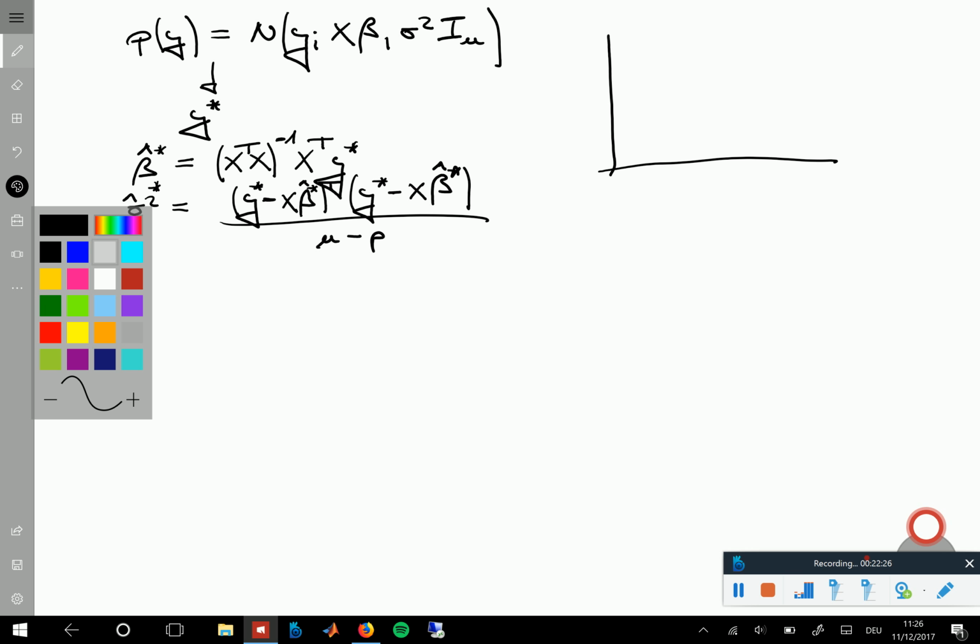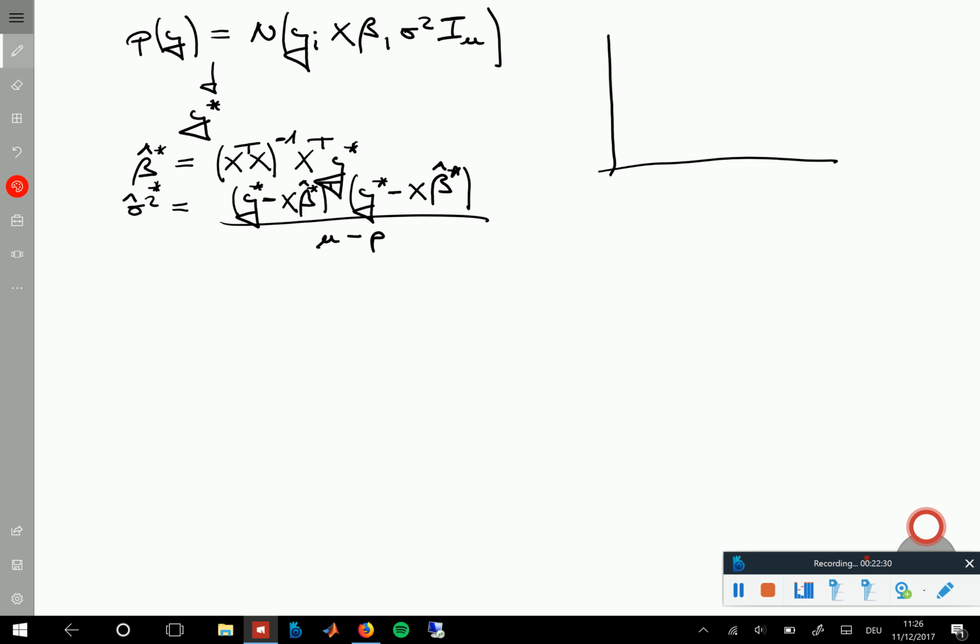So remember that based on true but unknown parameters, the GLM says for the simple linear regression case, it makes this prediction of a straight line.